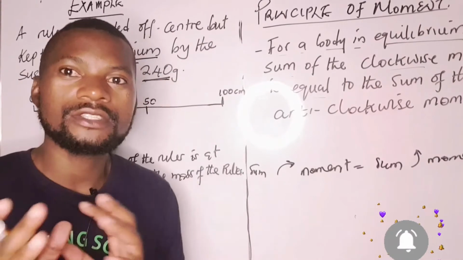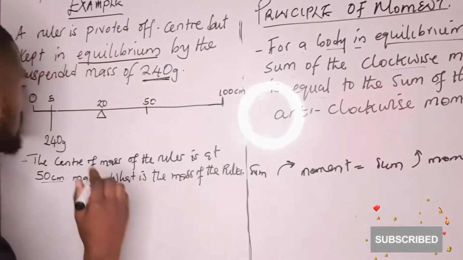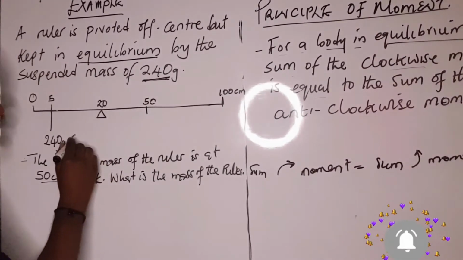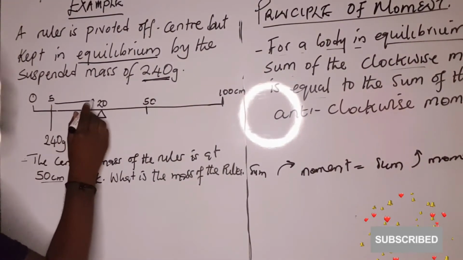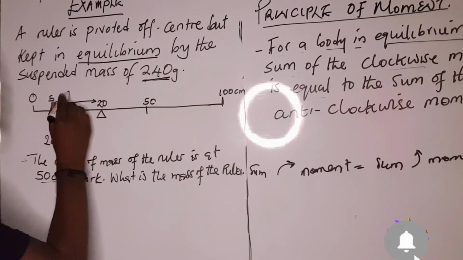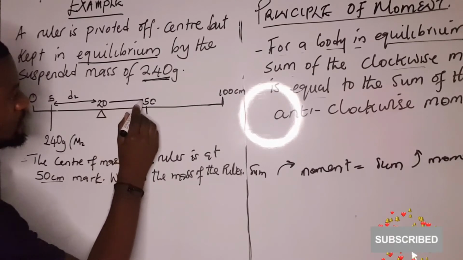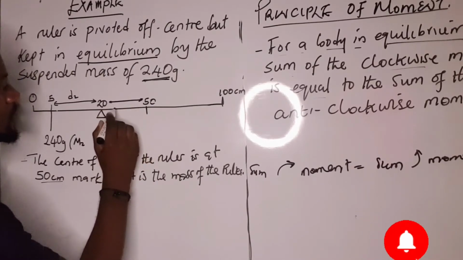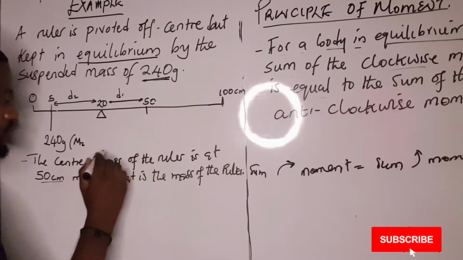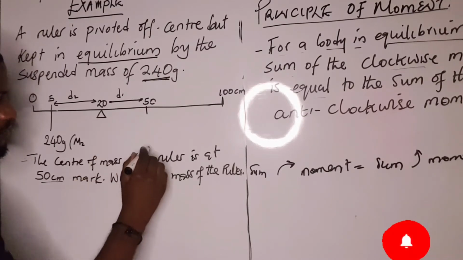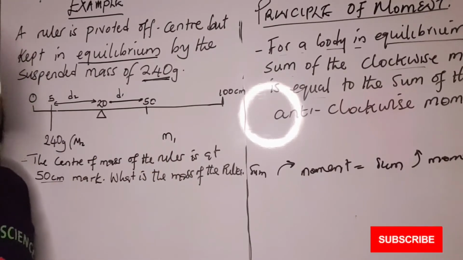In order for us to calculate the mass of the ruler, we are going to say this suspended mass is going to be our M2. Then this distance from here up to 20 will be our distance 2. Then this distance from here up to 50 is going to be our distance 1. Then the mass of the ruler, we write it somewhere, that is going to be our M1.